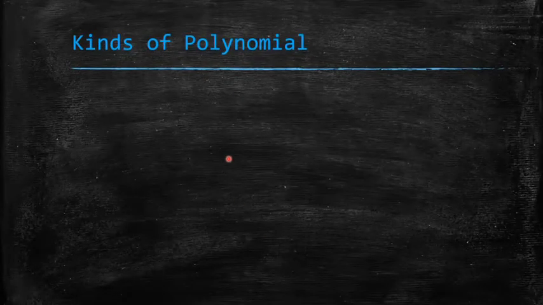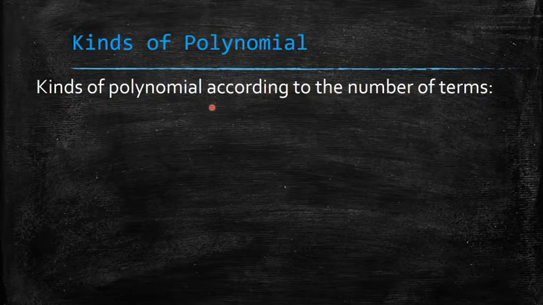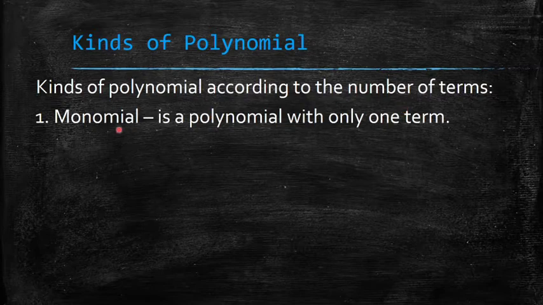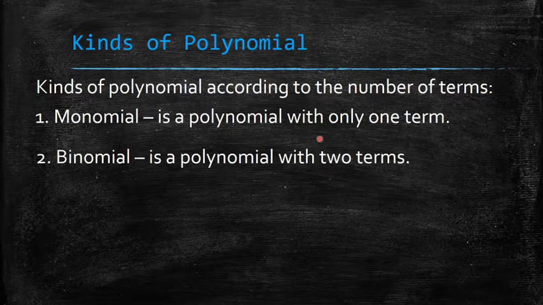Okay, let us discuss different kinds of polynomial. We have different kinds of polynomial according to the number of terms. First, we call it a monomial if the polynomial consists of only one term. We call it a binomial if it is a polynomial with two terms.